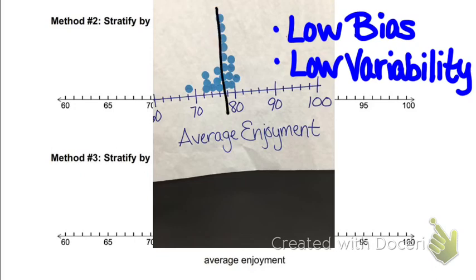What are we trying to use these dots to predict? All the way back at the beginning, inside that box. How many fans enjoyed the concert? Yeah, we want to know, like, what's the overall enjoyment level?